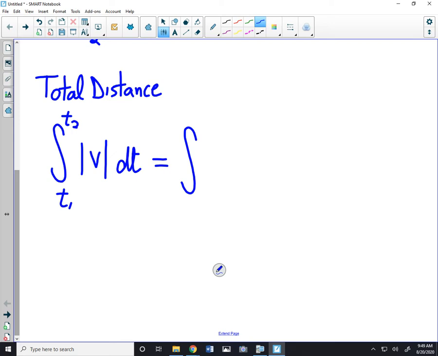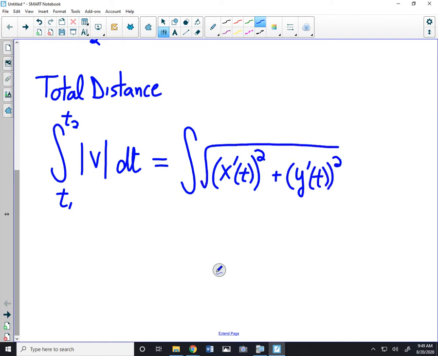So I'm going to take x prime, the x velocity, squared, and the y prime, the y velocity, squared, and I'm going to square root it. All this goes in the big integral, and you're going to use the fnInt to get the answer. It's messy, you got the parentheses everywhere, but you can do it, you smart kid. So this is total distance in parametric. You got to memorize that, but if you think Pythagorean theorem, then you're not going to have a problem.